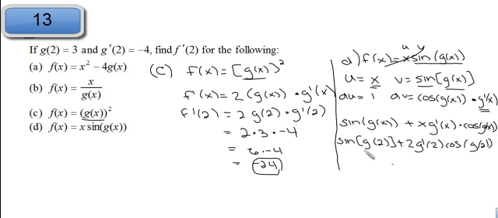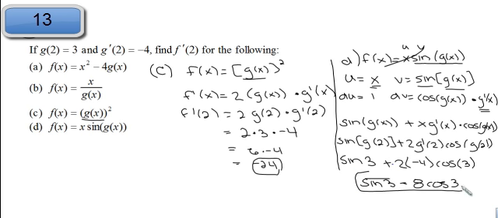So g of 2 is 3, so we're going to have sine of 3. G prime of 2 is negative 4. And g of 2 is 3. So I'm going to have sine of 3 minus 8 cosine of 3. And that would be my derivative.